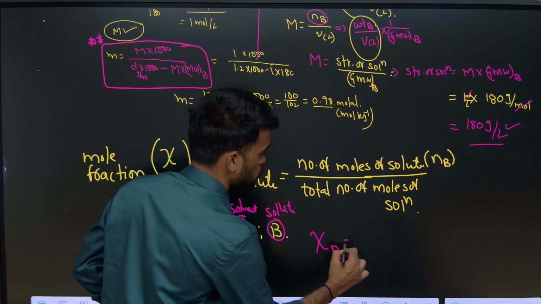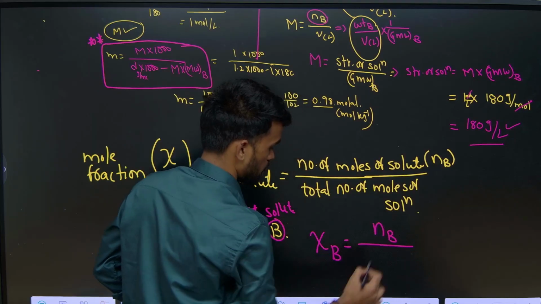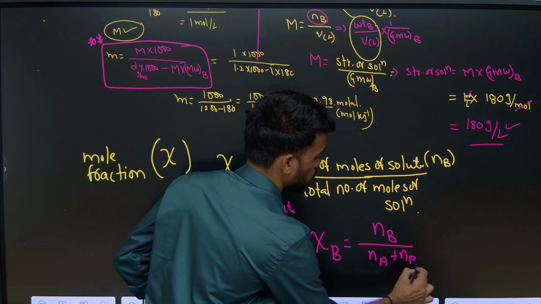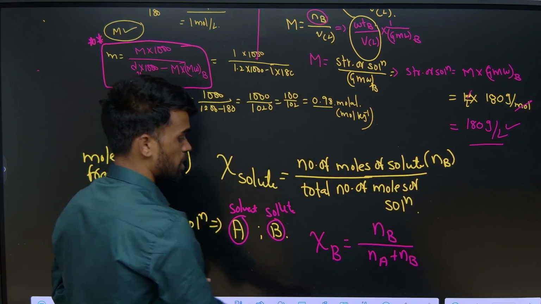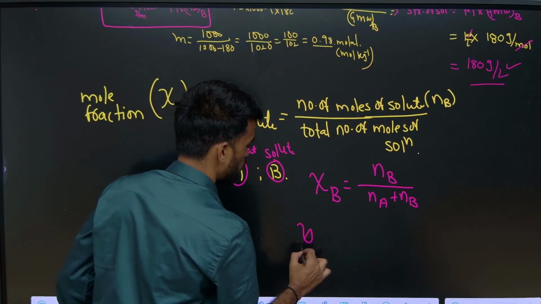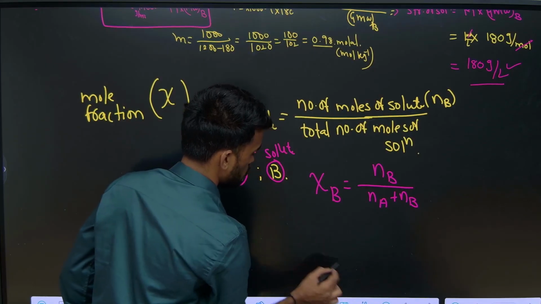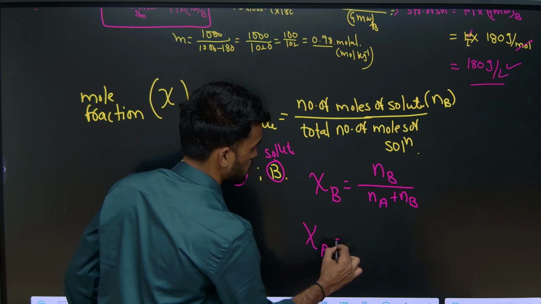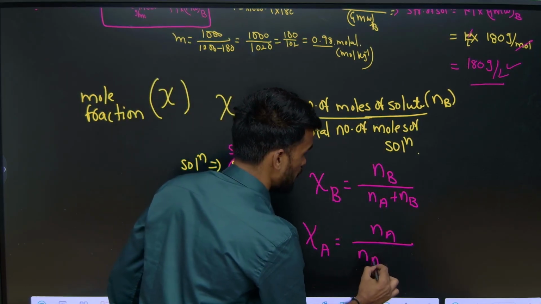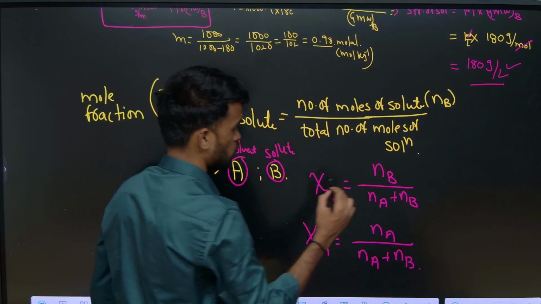Chi B equals NB by NA plus NB. Mole fraction of solvent equals number of moles of solvent by NA plus NB. Like this you have to write.